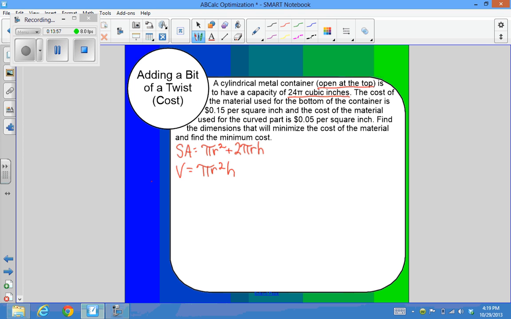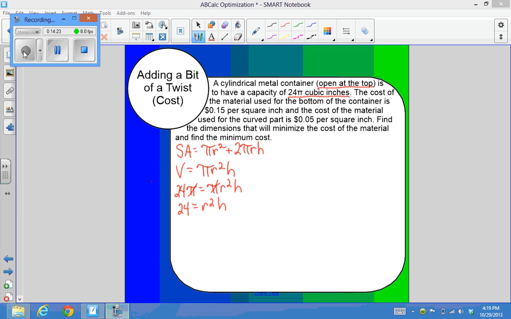So, volume is 24 pi. We will plug that in right there. Equals pi r squared h. If I divide by pi, both of those would cancel out, and so I have 24 equals r squared h.